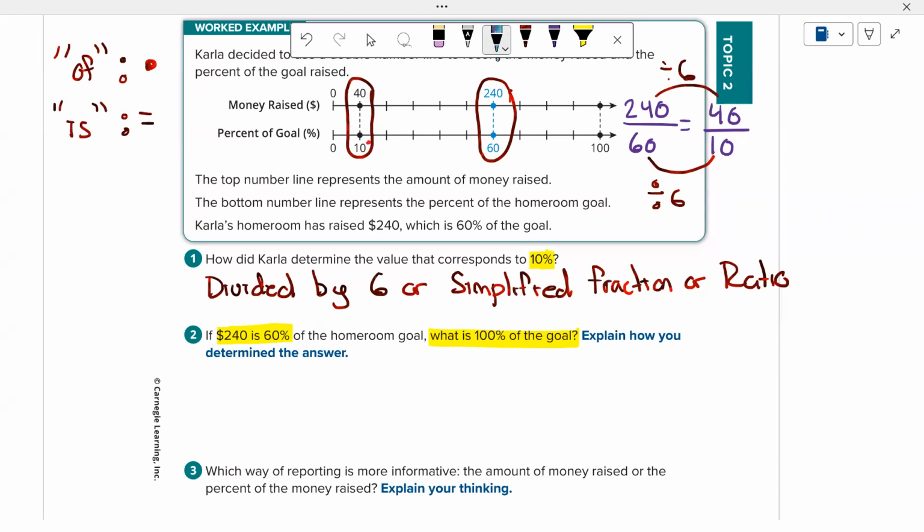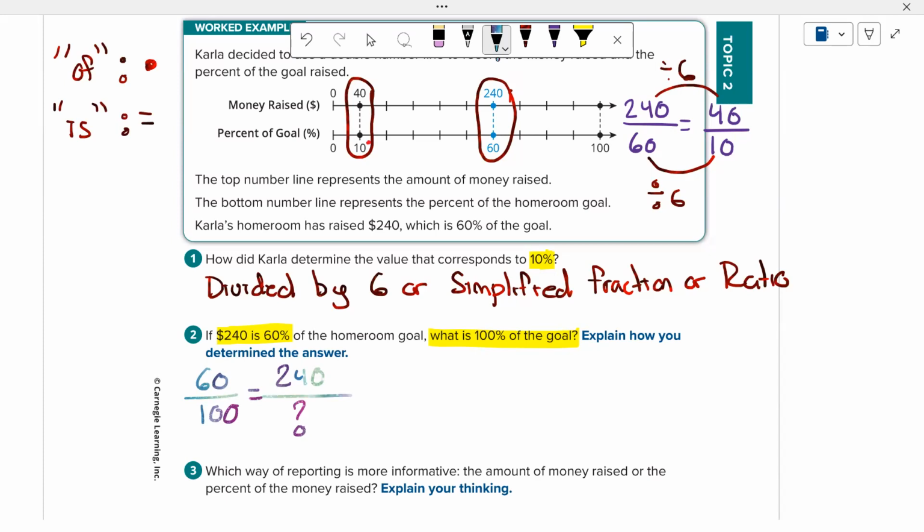So 240 is 60%. In our double number line, it shows that correspondence. What is 100% of the goal? So our goal is to figure out 100%. So what do we know? That's the big deal. So $240 is 60%, so 60 over 100, because percent is always over 100. If we're setting it up as a proportion, 240, it said it is that, and we don't know our mystery.